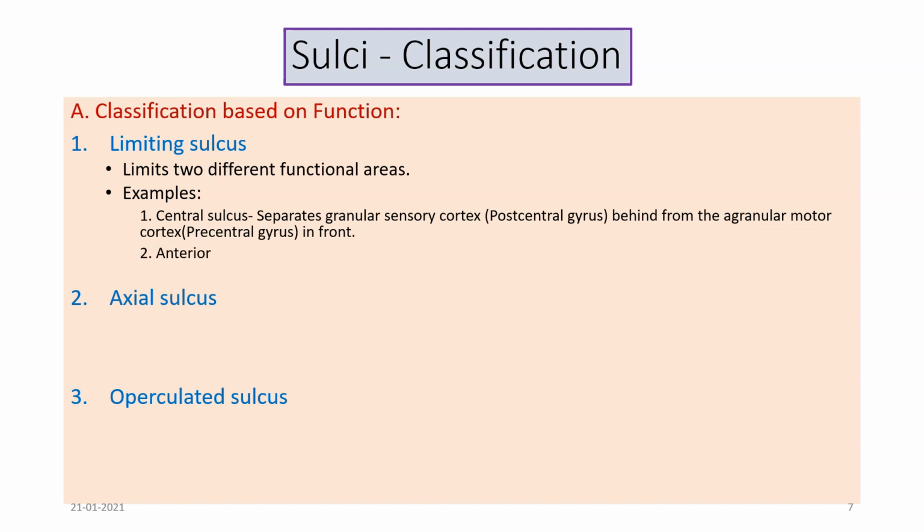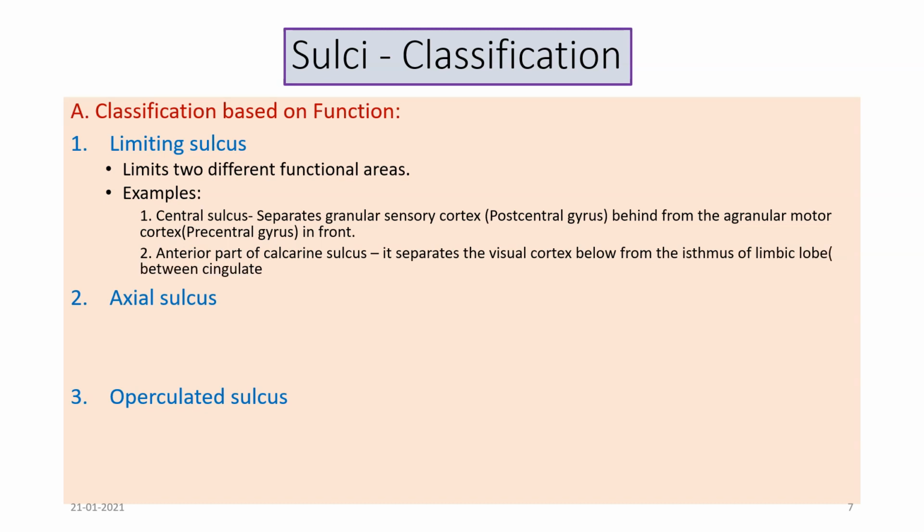The other example for the limiting sulcus is the anterior part of calcarine sulcus. It separates the visual cortex below from the isthmus of limbic lobe between the cingulate and parahippocampal gyri that are placed above.